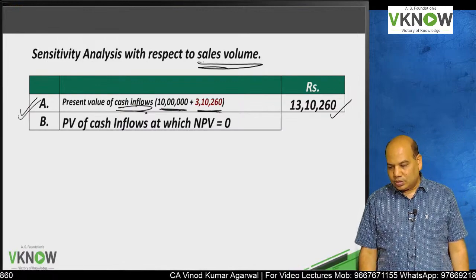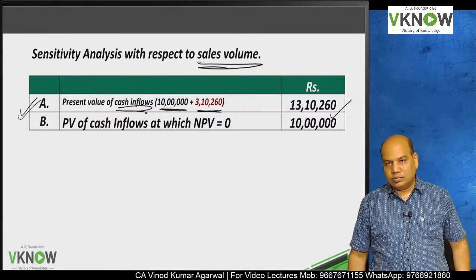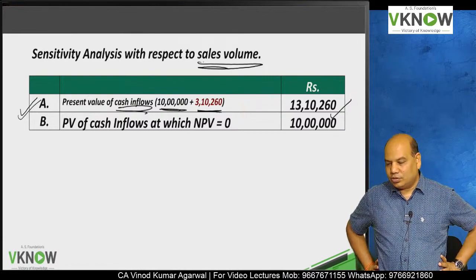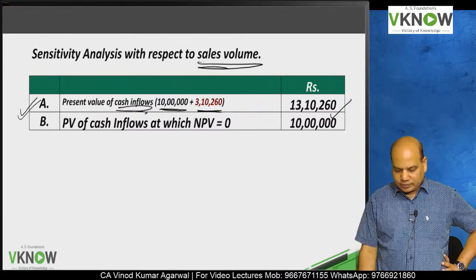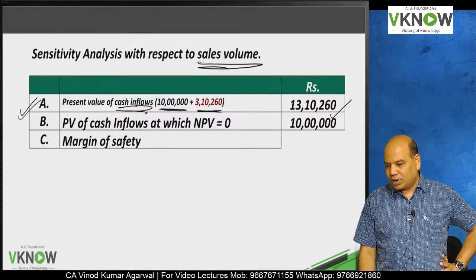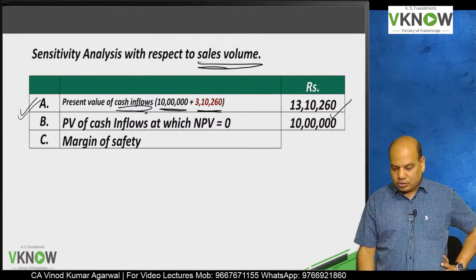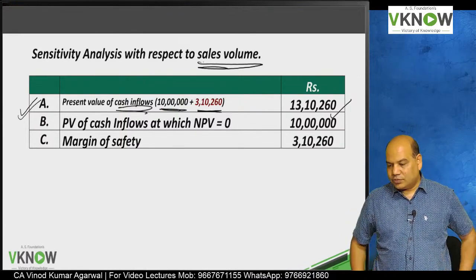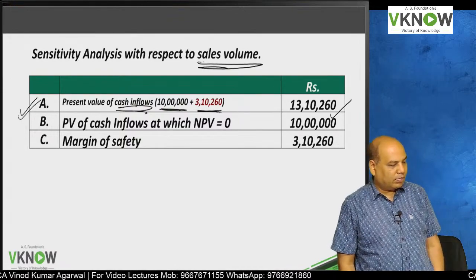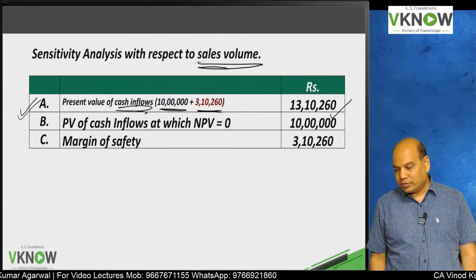Then write down, PV of cash inflow at which NPV is 0 is 10 lakh. If cash inflow reduces to 10 lakh, my NPV will be 0. So I have a margin of safety equal to 3,10,260.